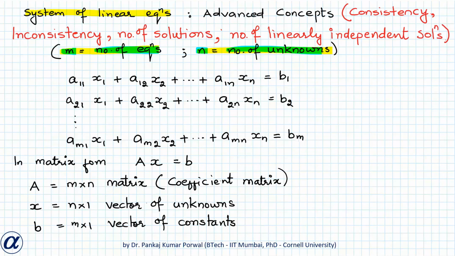And for this system of equations, we will learn the concepts of consistency, that is when this system of linear equations has a solution, inconsistency when this system of linear equations does not have a solution, and number of solutions, that is when the system of linear equations has a solution, how many solutions are there, and out of the solutions, how many solutions are linearly independent.